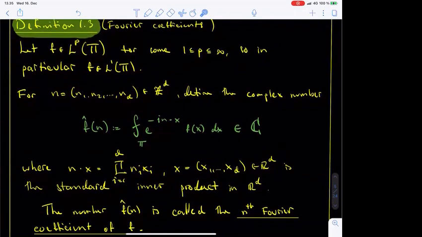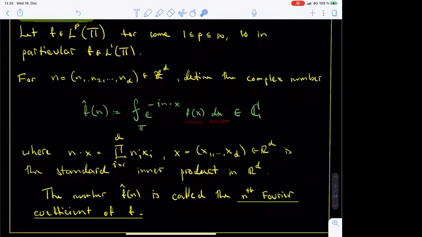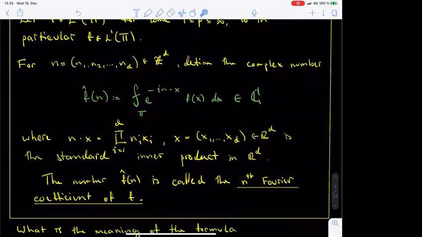The Fourier coefficient of f with index n equals the average integral over T of e to the power minus i n dot x times f(x) dx. Since f is in L1 of T, this integral converges absolutely. The dot refers to the standard Euclidean dot product.